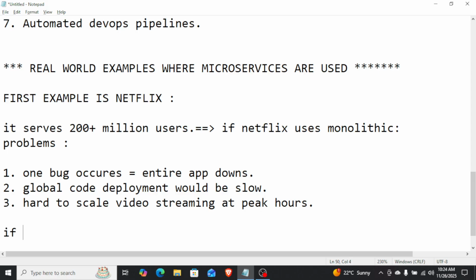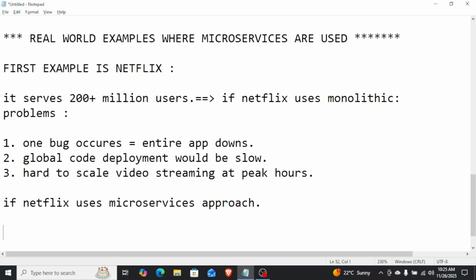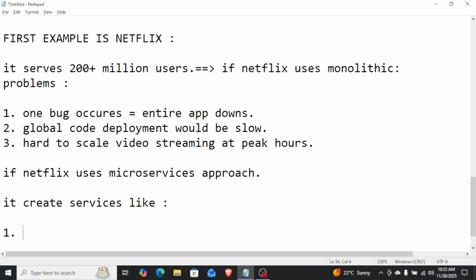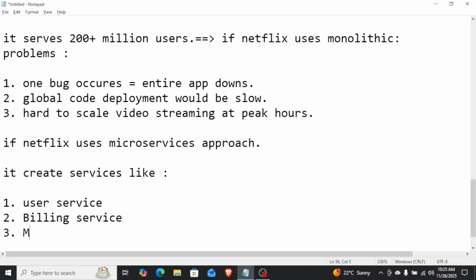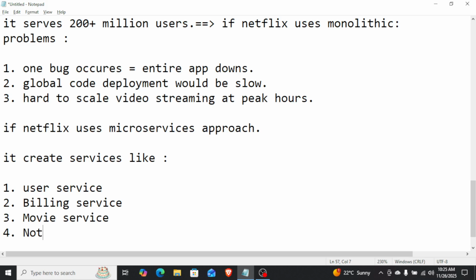Now if Netflix uses a microservice approach, it creates services like user service, billing service, movie service, and also notification service.